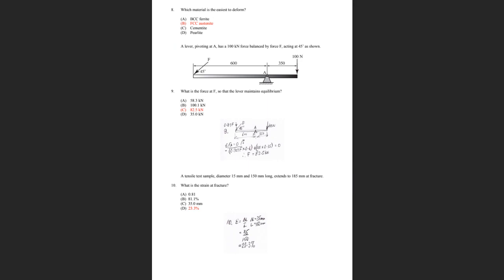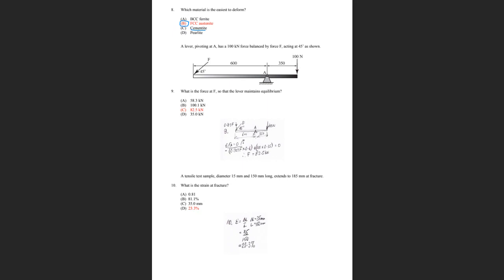Which material is easiest to deform? You know that face centered cubic has got 4 atoms per unit cell, and body centered cubic has only 2. Cementite, Fe3C, is a very difficult material to deform, and pearlite is a layered structure of cementite and ferrite.